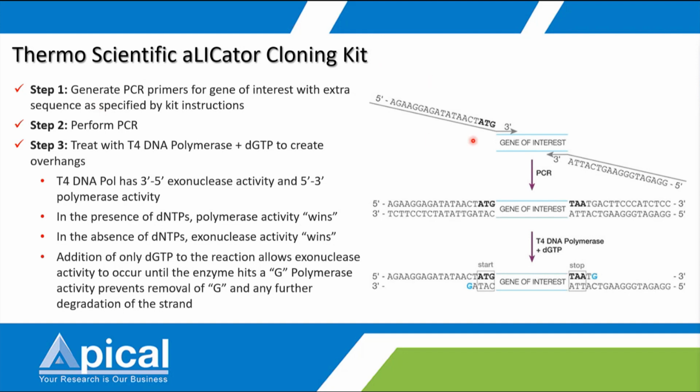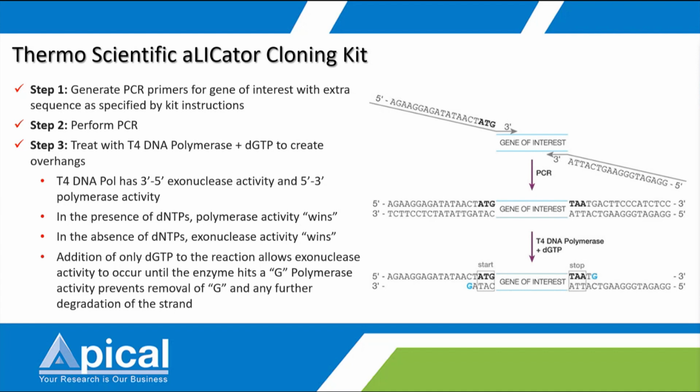So first you need to design your primer to carry this overhang, and you need to refer to the kit instructions first. Then you use the two activities of T4 DNA polymerase: the exonuclease activity, which in the absence of dNTP will chew the DNA from 3' to 5', and the polymerase activity, which in the presence of dNTP will add nucleotides from 5' to 3'.